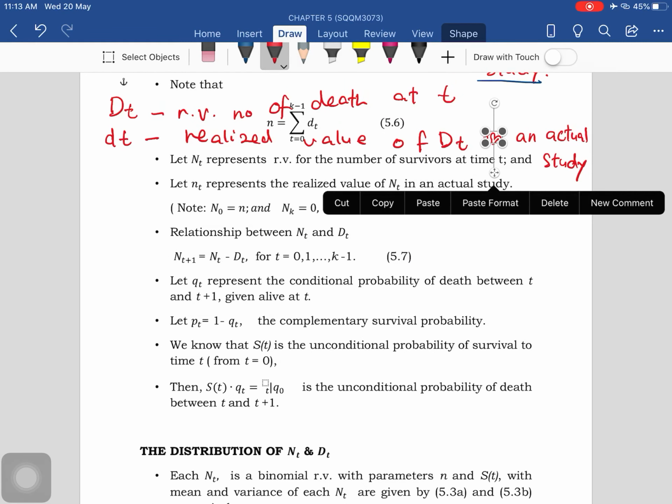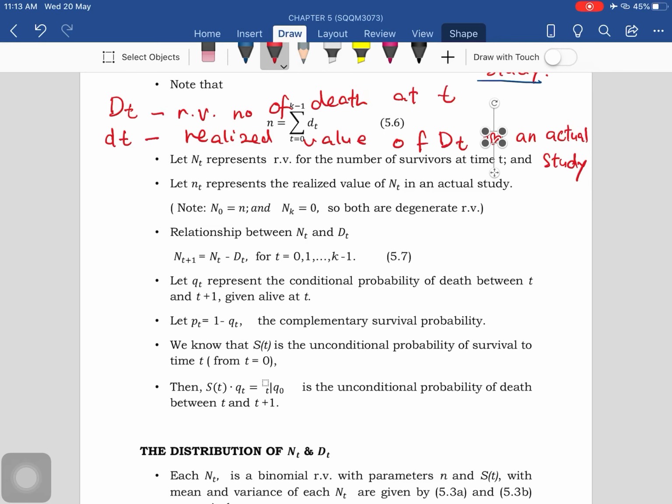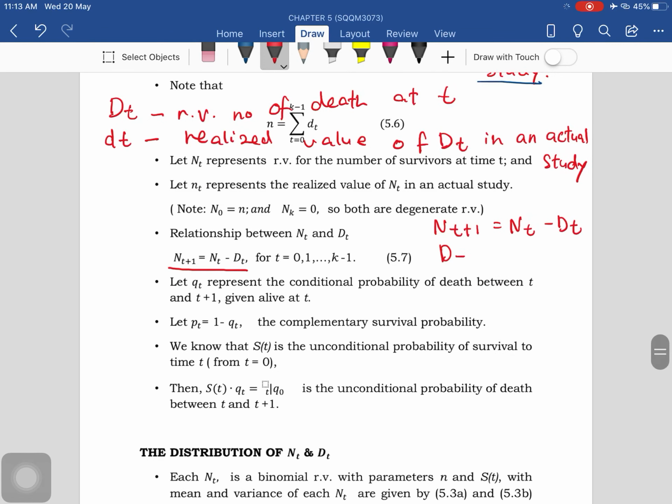So NT plus 1 is actually NT minus DT, or we can say NT plus 1 equals NT minus DT, and DT equals NT minus NT plus 1.